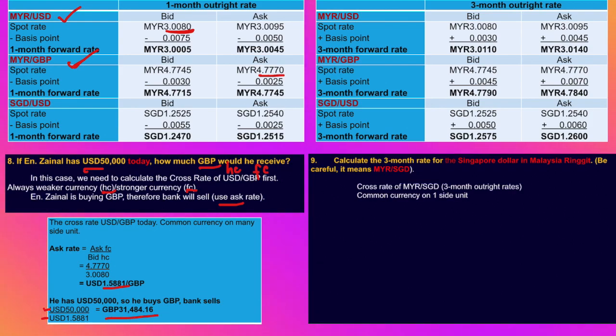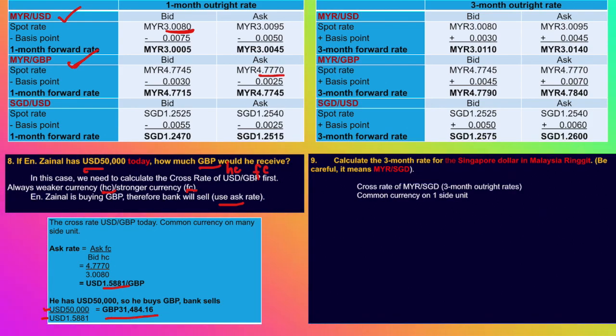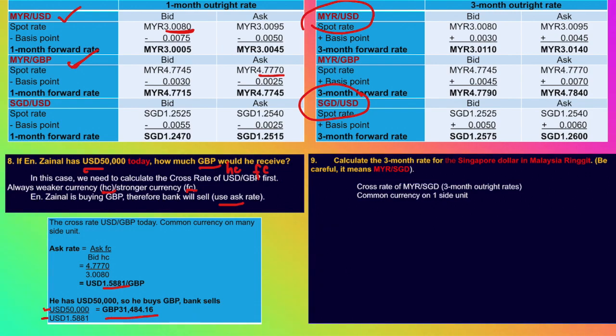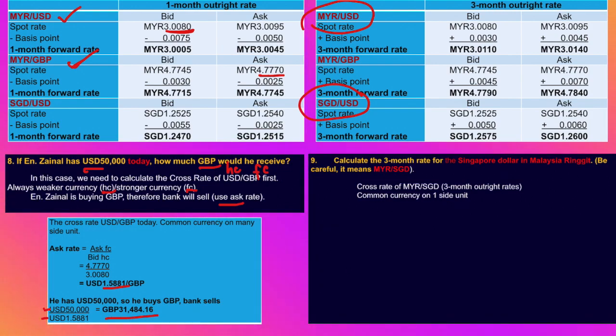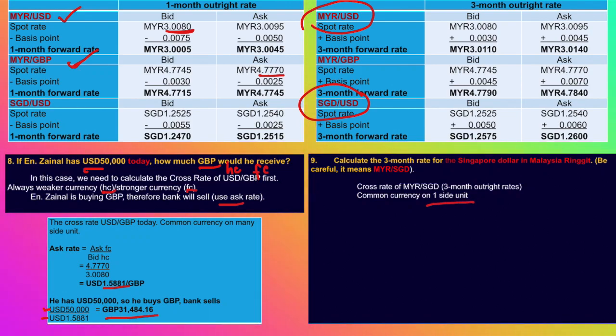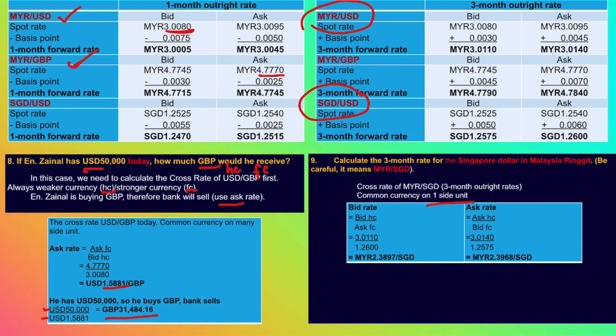So you have to find the cross rate, Malaysia ringgit per Singapore dollar, for 3 months. This one and this one. So we will use cross rate for one side unit. Okay, common currency is one side unit.